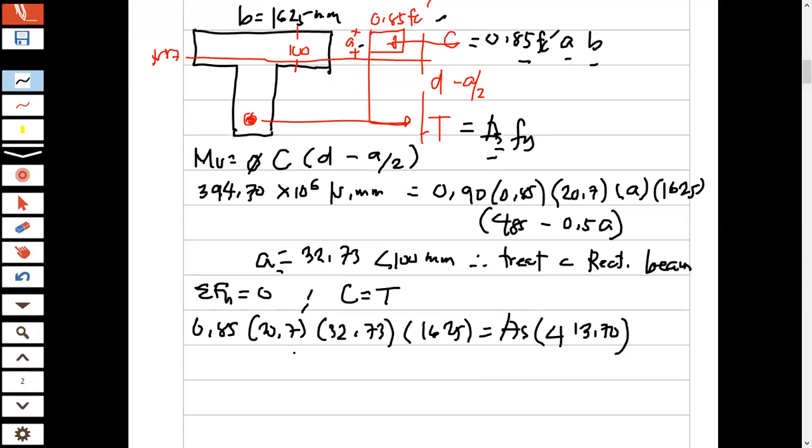In other words, you can calculate As, which is equal to 2,262 square millimeters.